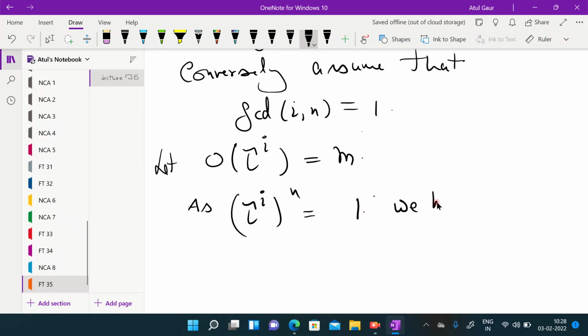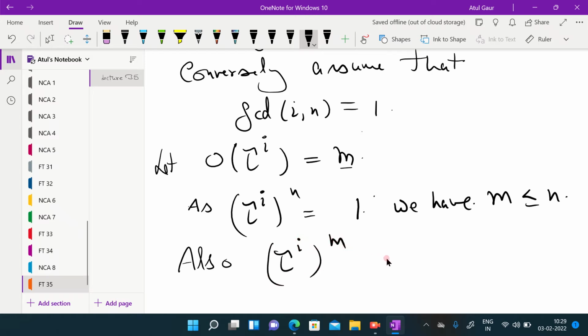So you have m less than or equal to n, because m is the order of tau power i. And further, tau power i m is 1, and n is the order of tau, so n has to divide i m.